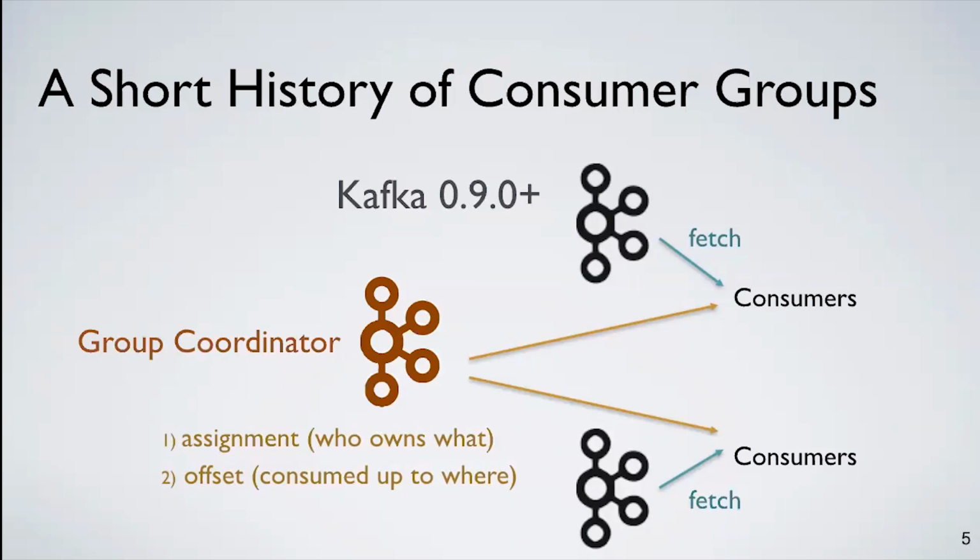And in this presentation, I'm going to focus only on the assignment part of this protocol, where we use the rebalance algorithm to decide dynamically, whenever things change, what partitions are to be assigned to which consumer member of the group.